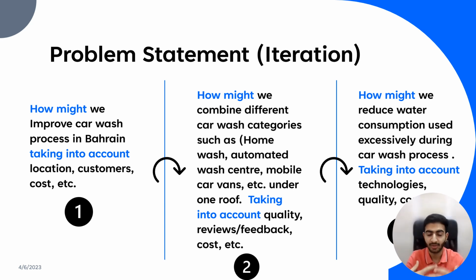Using all the questions previously mentioned, we would arrive at the problem statement itself. Here we can see different iterations of it throughout the process. The final outcome was: how might we reduce water consumption used in car washing processes, in addition to technologies and tools.